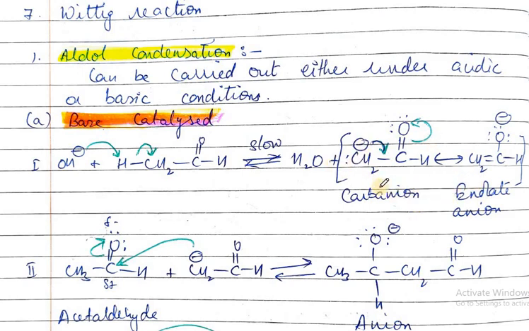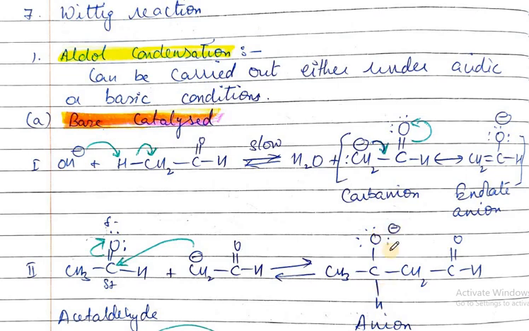Now this carbanion then attacks the second molecule of aldehyde. When it attacks the second molecule, this carbon with negative charge attacks the carbonyl carbon, and these electrons move to the oxygen. So this is attached to this carbonyl carbon, and this can be shown as CH3 CH, CH2, C double bond O, and the carbonyl group of the second aldehyde is changed into O negative.